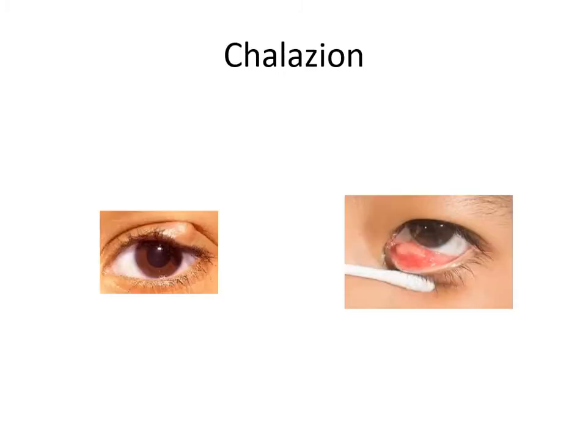When you see a case of chalazion, you will see the swelling like this. Because it is an inflammatory swelling, the margin will not be involved and lashes will be normal. And when you evert the lid, you see the swelling more on the conjunctival side. These are two separate cases. This is an upper lid and this is a lower lid chalazion.